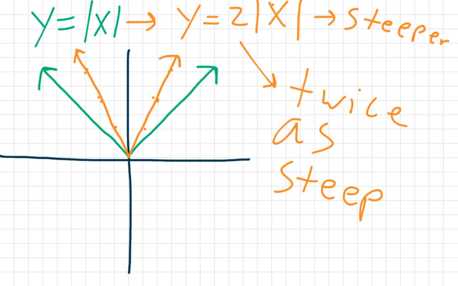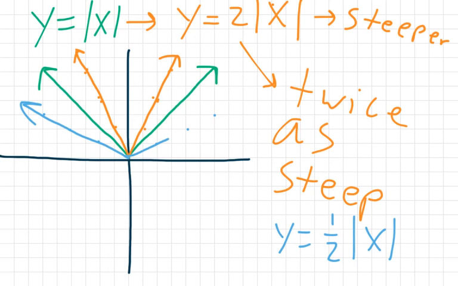It actually kind of falls down. And I'll show you that right now. So if I also have y equals 1/2 times the absolute value of x, that one looks like this. So you see that when I have a number less than 1 multiplied, it makes it kind of less steep.